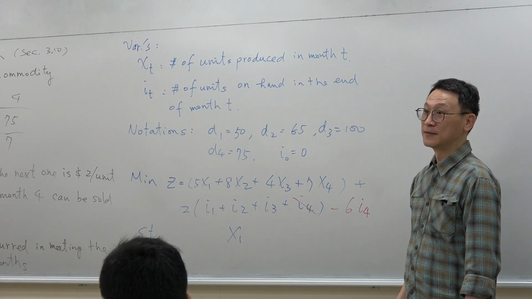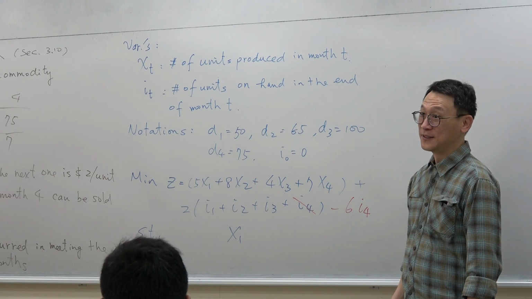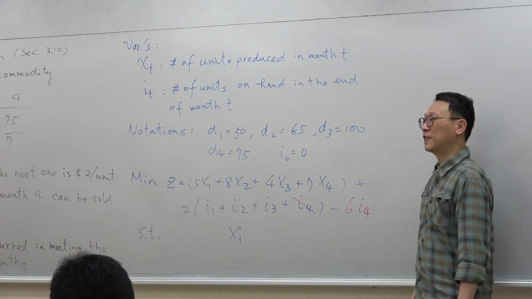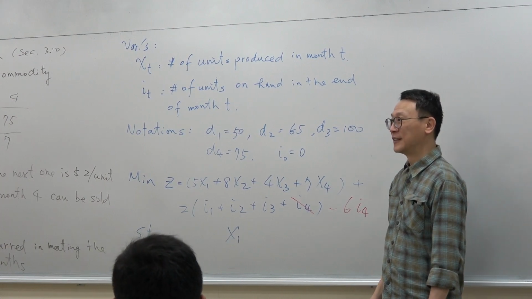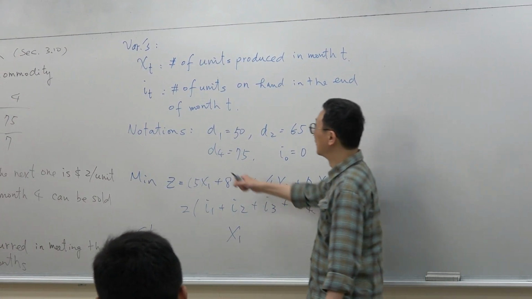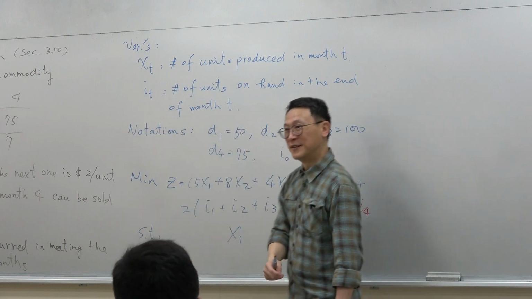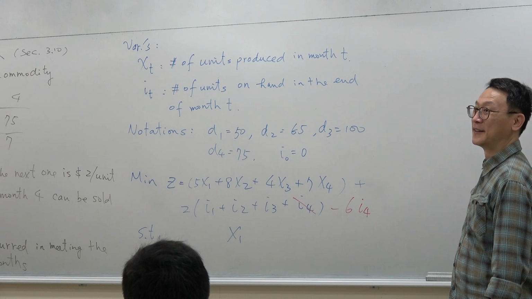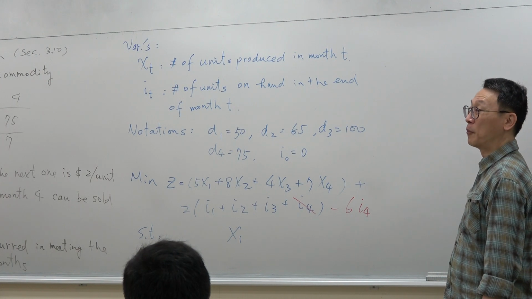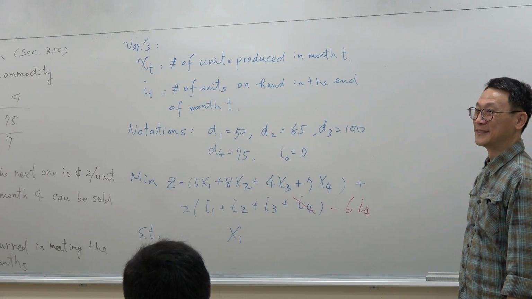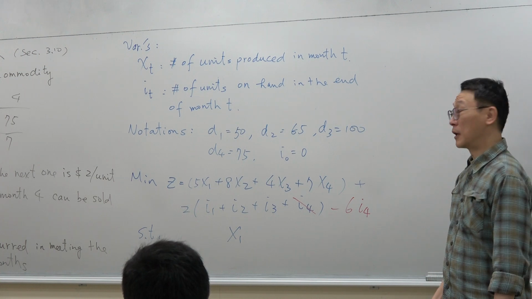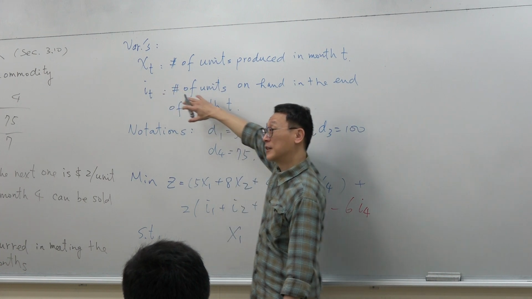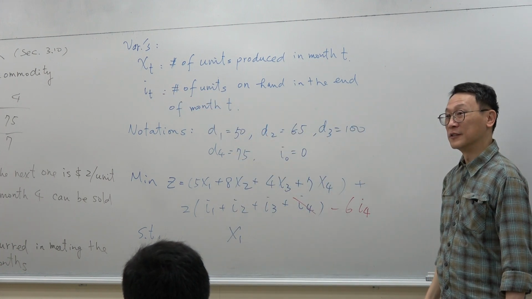But the question is, if it's really greater than 50, how many units will be on hand? Remember that we don't just have X, we also have I to indicate the inventory.